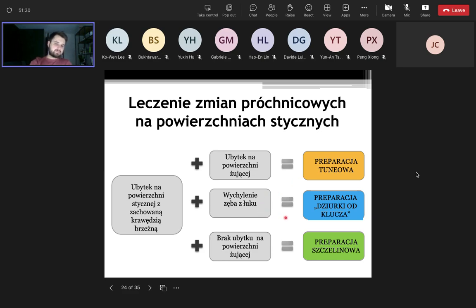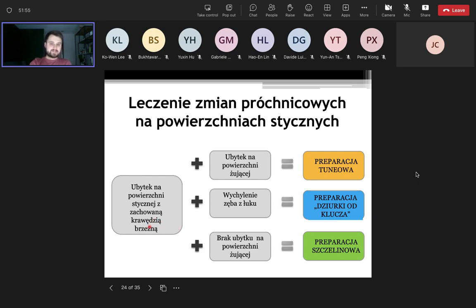When we've got a cavity in the proximal surface and the tooth is located in the mouth more to the buccal side, not the lingual side, so it is rotated, we can make something like keyhole preparation.